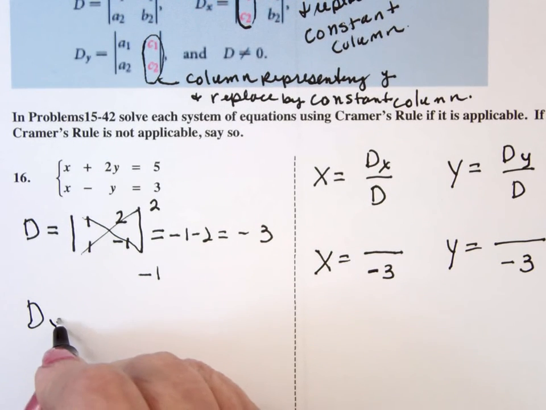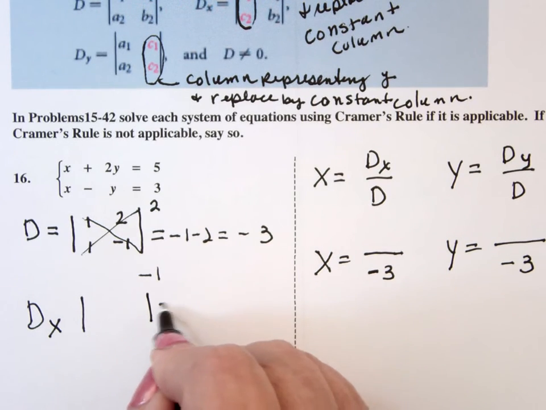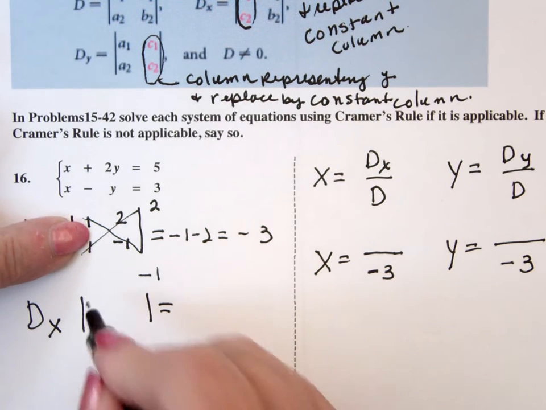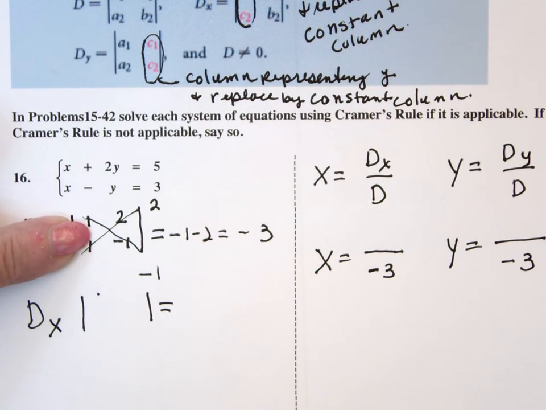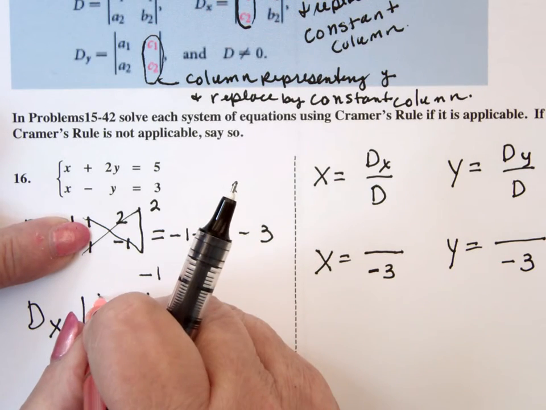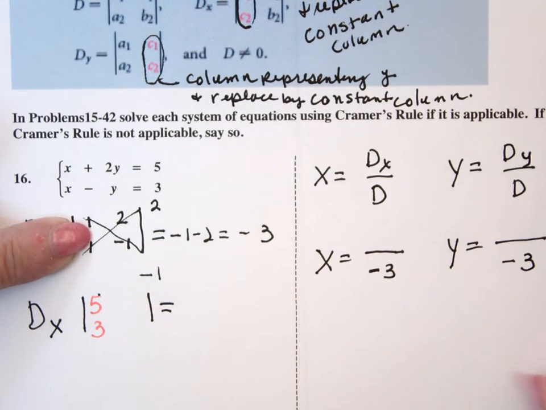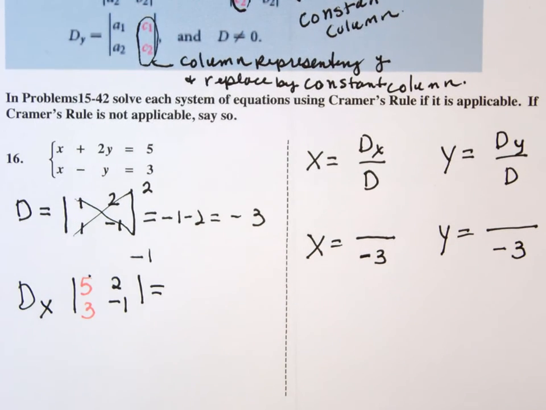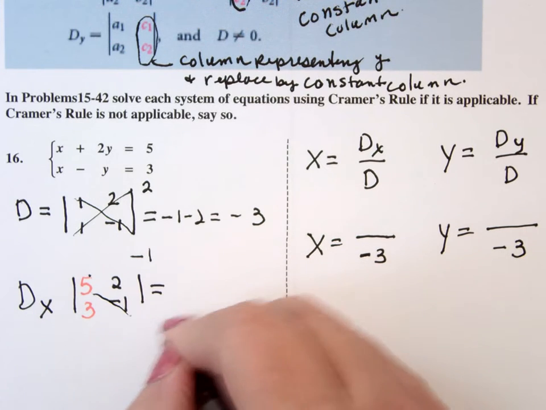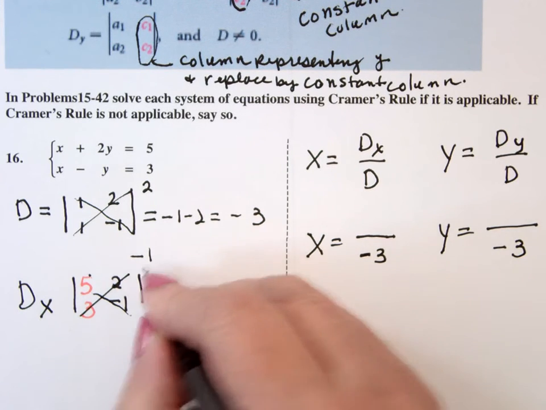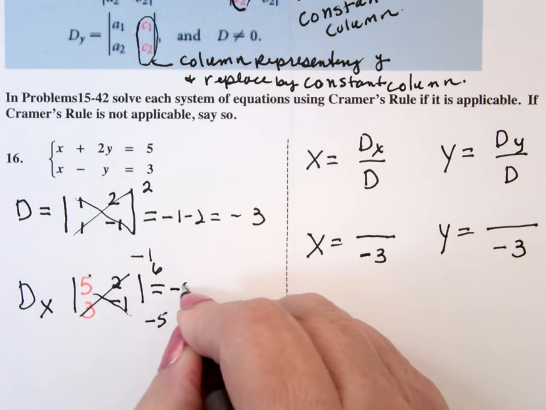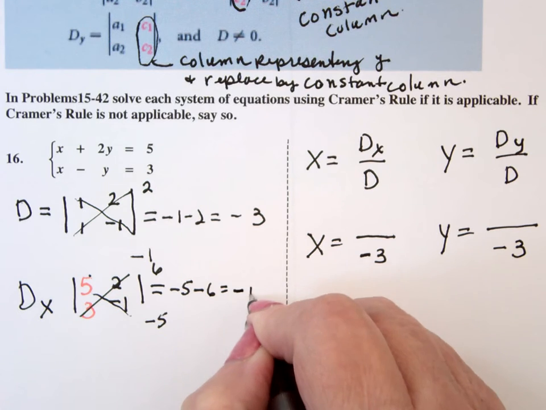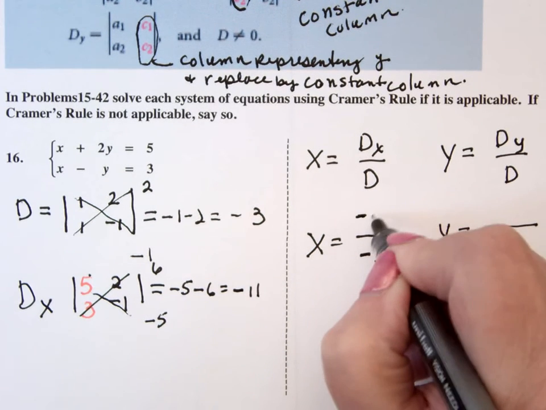D sub x takes the column representing the x's, replaces it by the constant column. Down is negative 5, up is positive 6, down minus up, negative 5 minus 6 is negative 11. So that says it's negative 11 over negative 3.